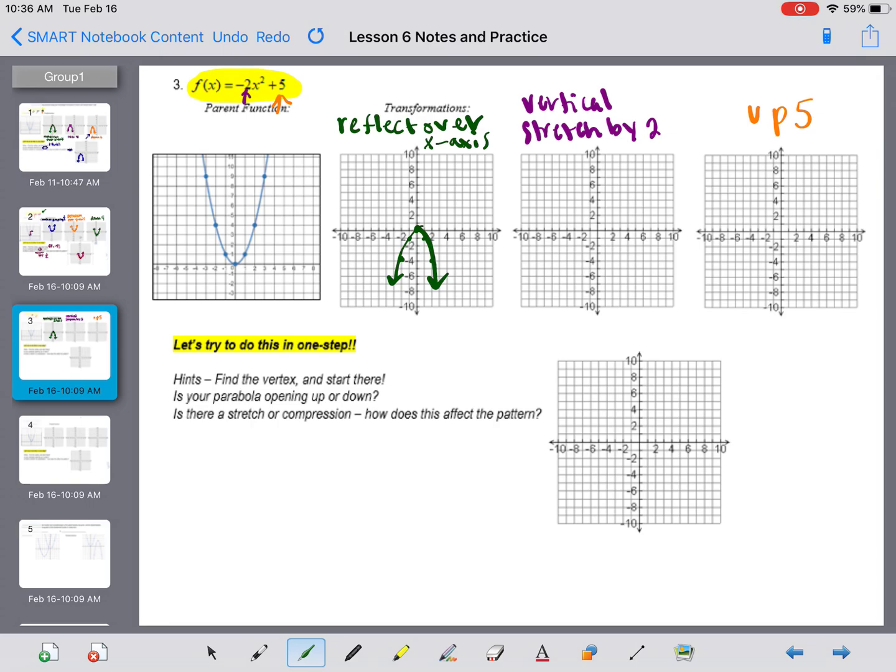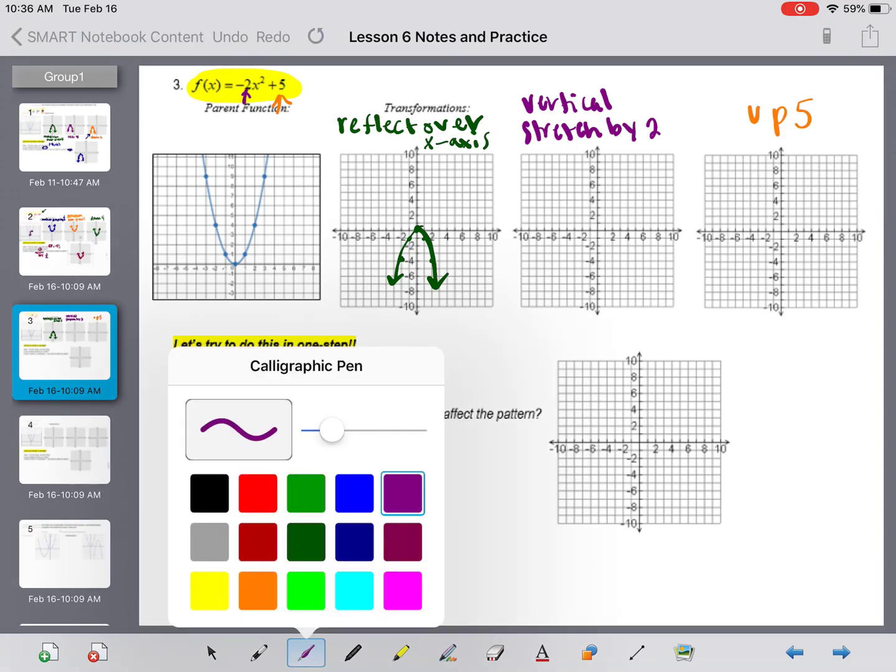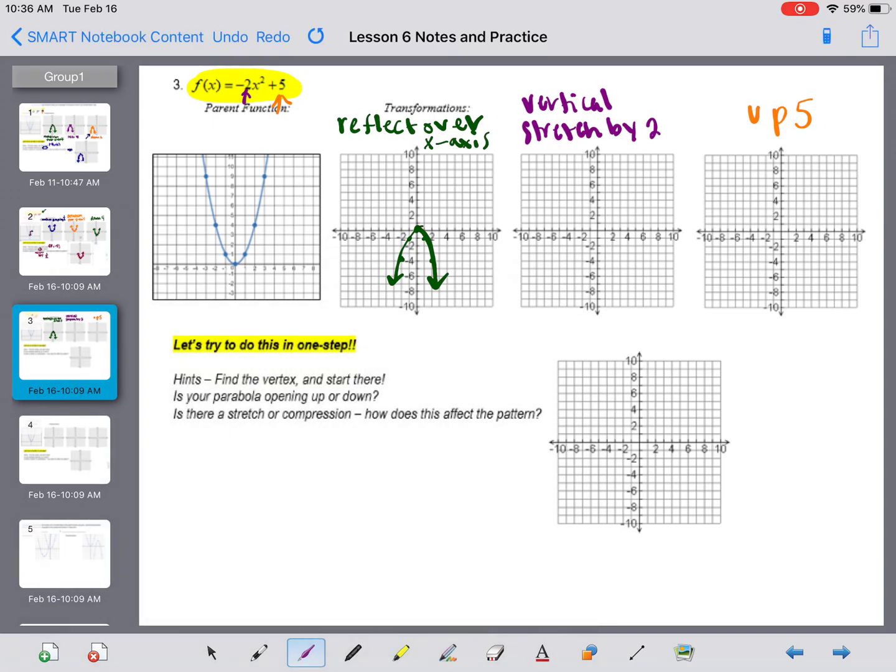Again, we went down 1 over 1, down 3 over 1. When you do a vertical stretch, you're just multiplying that distance by that number in front. So we're multiplying it by 2. So our vertex is going to stay exactly where it's at, but instead of going down 1, we're going to go down 2 over 1, and then down 6 over 1.